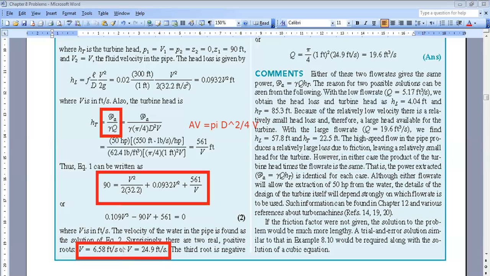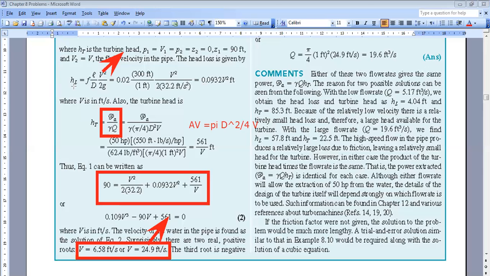When you have increased velocity, when V is higher, Q will be higher. Meaning the volumetric flow rate is high, but on the other hand, the friction HL will also be high, which will reduce HT. Because at the end, HT, the turbine head, is proportional to Q, but at the same time, if you write it in the energy equation, it's inversely proportional to HL.